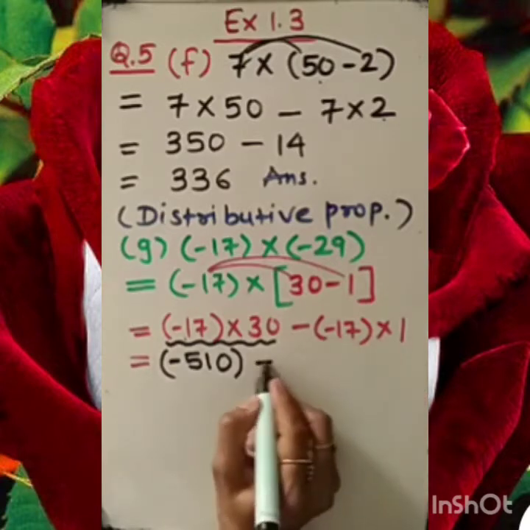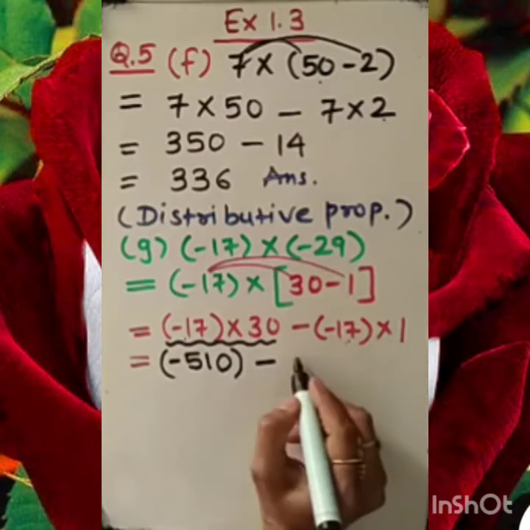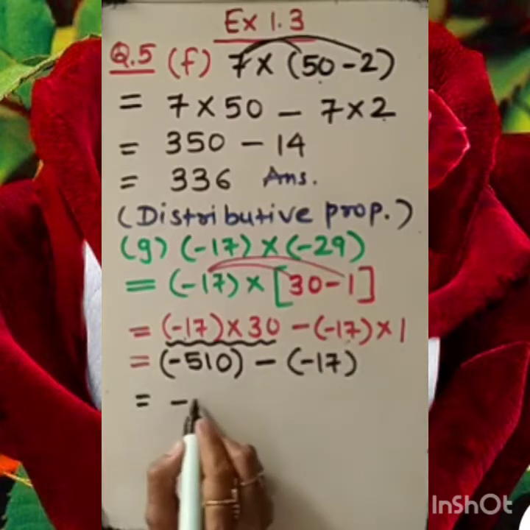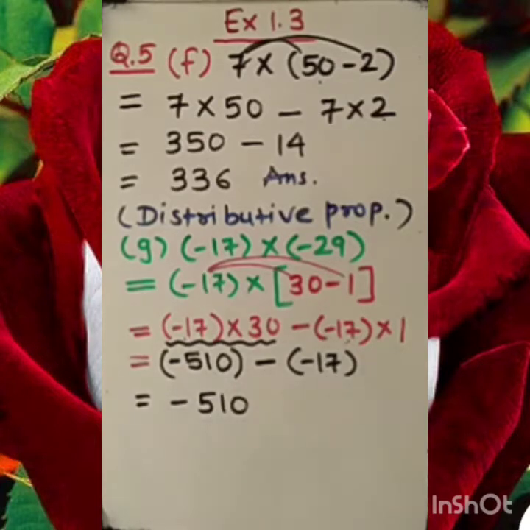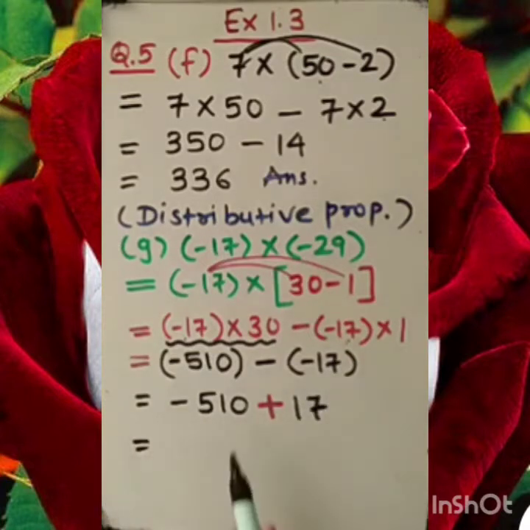Here it is minus already. 17 ones are 17, but because of this minus 17, we need to write it in a bracket. As we know, minus minus is plus here, so we need to write 17. Now, if I ask you to subtract, because of the opposite signs, of course we have to subtract. So what will be the answer?